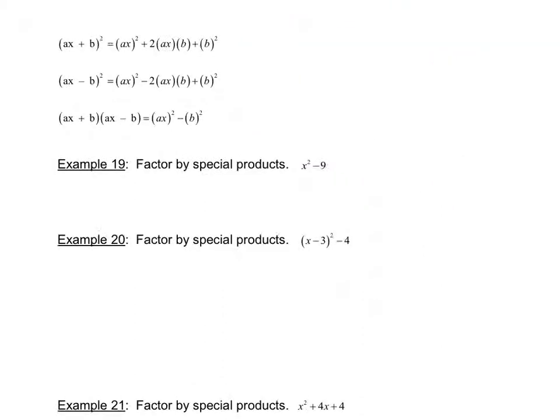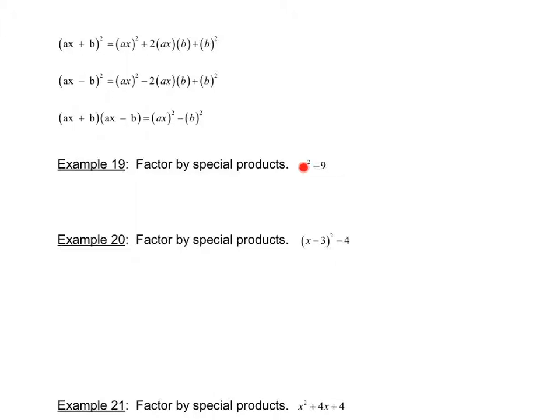Alright, so here are some factoring rules. If you have ax plus b squared equals this, ax minus b squared, follow along, but we'll just get into those later because those aren't necessarily directed here. But these are special products. This is the difference of two perfect squares.